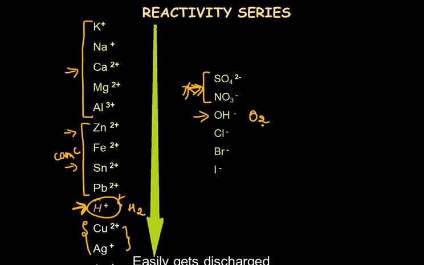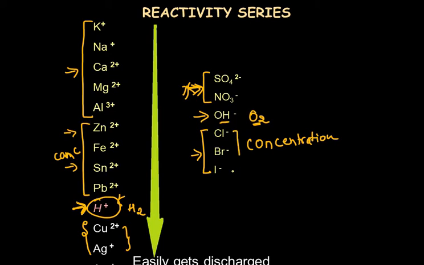We'll learn the ionic equation of this and you will understand how hydroxide ion forms oxygen gas at the anode. But if halogens are present as an anion in the electrolyte, then preferably the halide ions will be discharged at the anode, but again the discharge depends on the concentration.